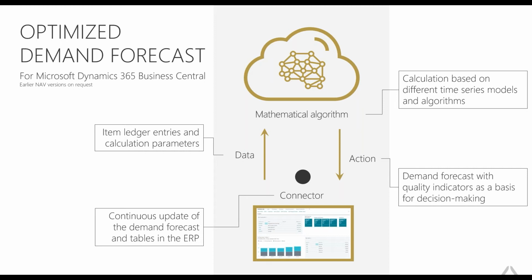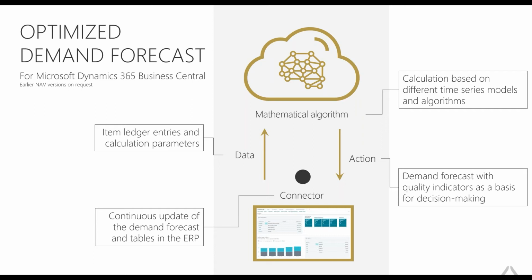But the advantage of our algorithm is that it calculates all the different models in an automated way. So this is a fully automated algorithm that computes the best time series model for the available data. As a result, the algorithm delivers a demand forecast with quality indicators like the standard deviation. And these demand forecasts and quality indicators yield a basis for decision making.